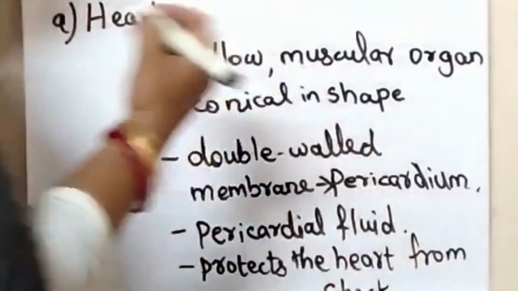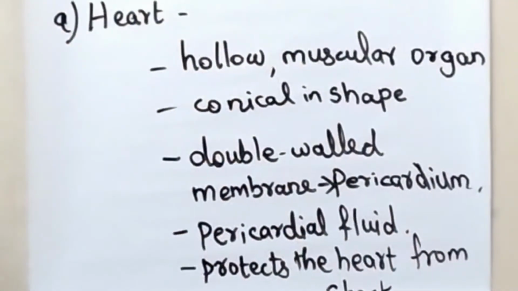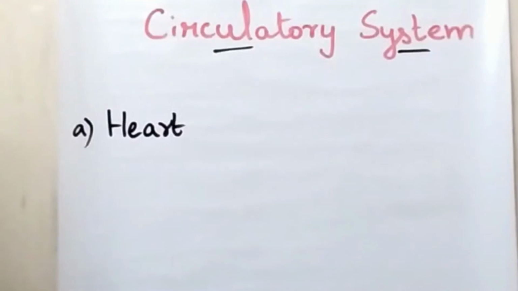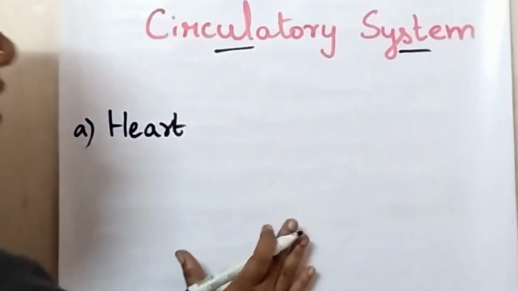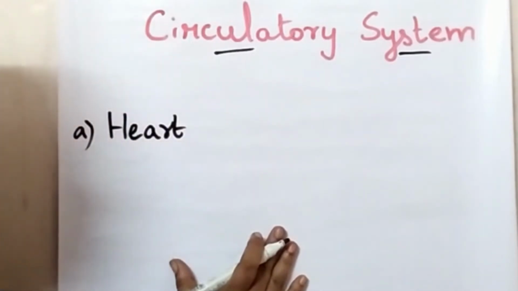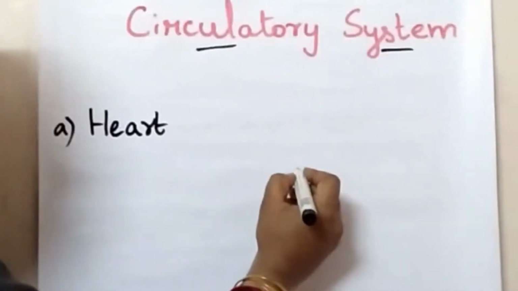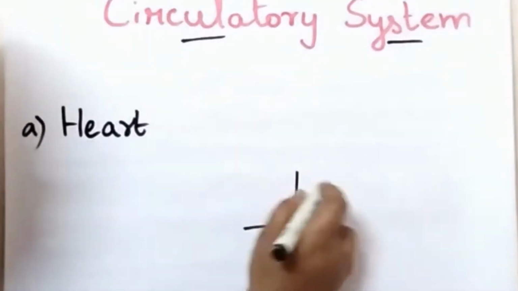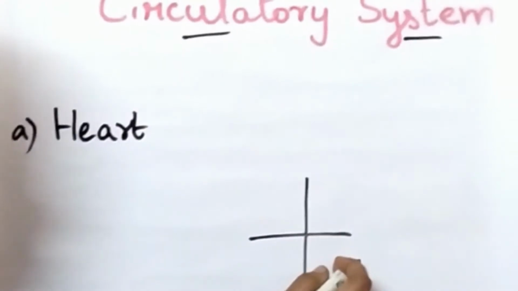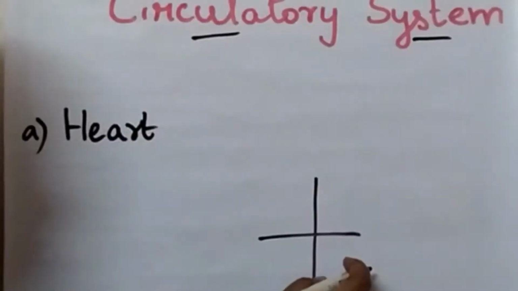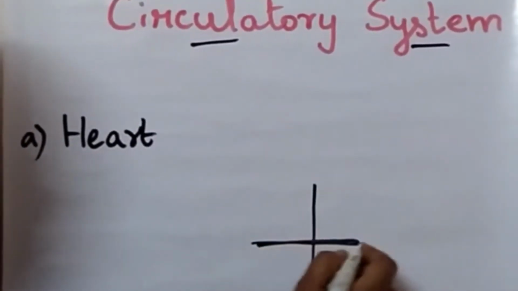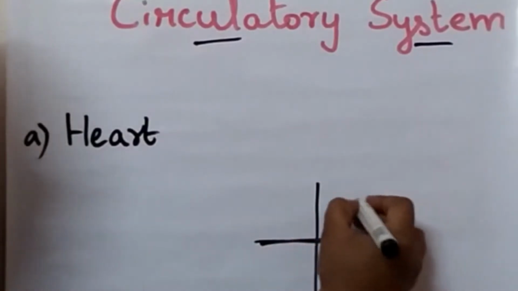Okay, children? Next. Children, now let's discuss the structure of the heart. I'll first explain without the diagram, then I'll show the diagram and explain. The heart is divided into 4 chambers.